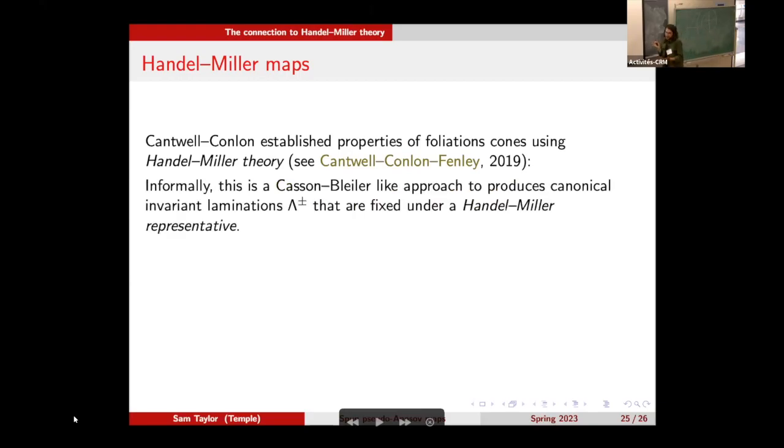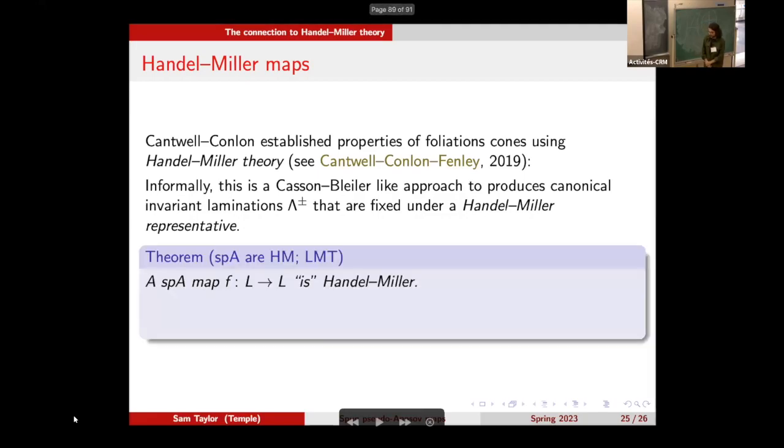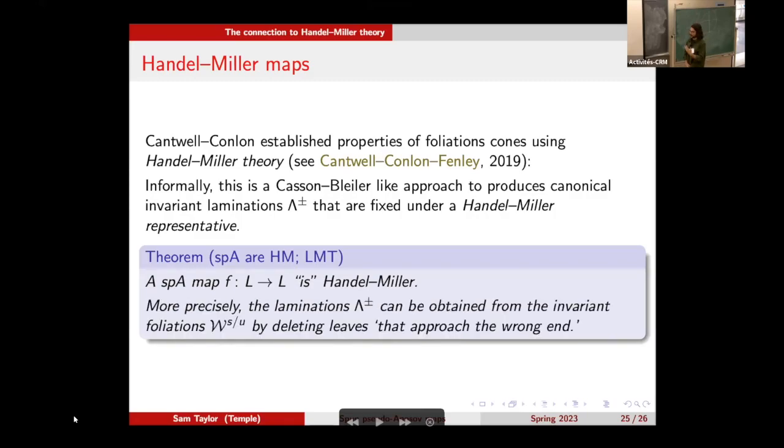So I'm going to say this very informally. It's basically a lamination theory, right? The way one generalizes the Casson-Bleiler approach to understand pseudo-Anosov homeomorphisms is that one understands invariant laminations. Okay, so just concluding for people who are maybe aware of this theory, these spun pseudo-Anosov maps are examples of these Handel-Miller laminations, Handel-Miller maps.